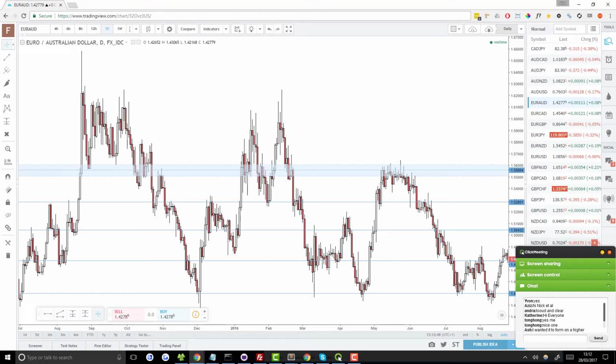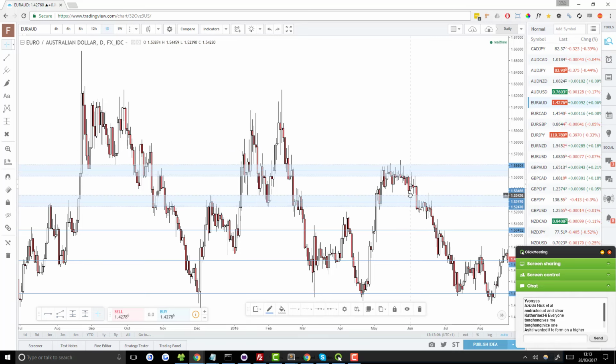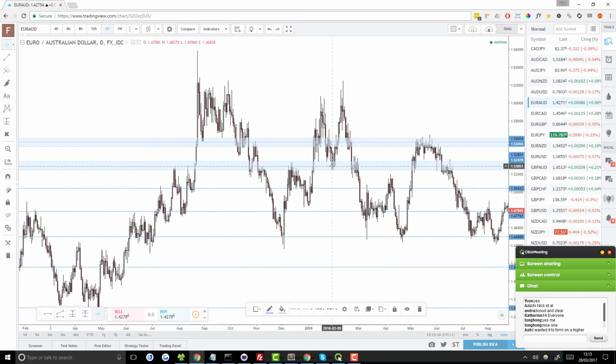There we go, connecting some more dots. Bounce there, bounce there, bounce there. Price broke below. Price got stuck here. Bounce there. Bam. Easy. All right. And now you can see what I meant by areas. These areas are a bit wide though.